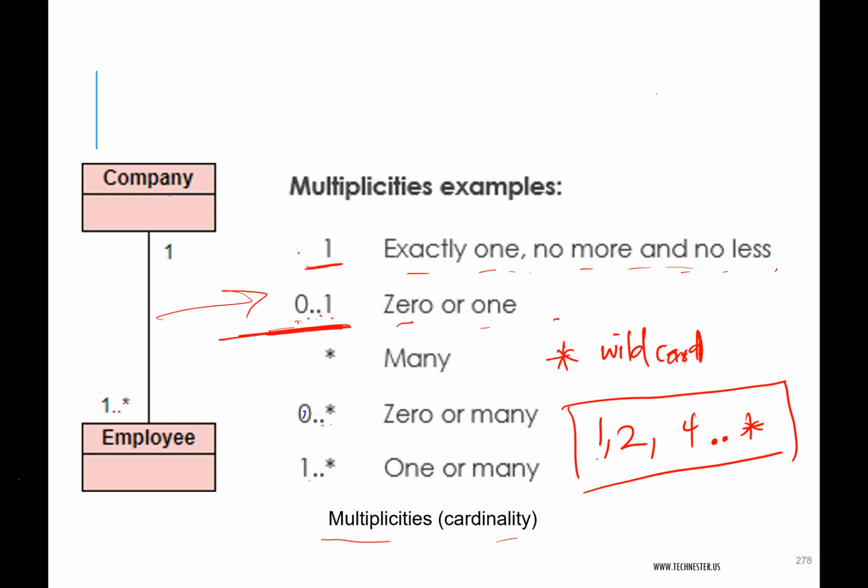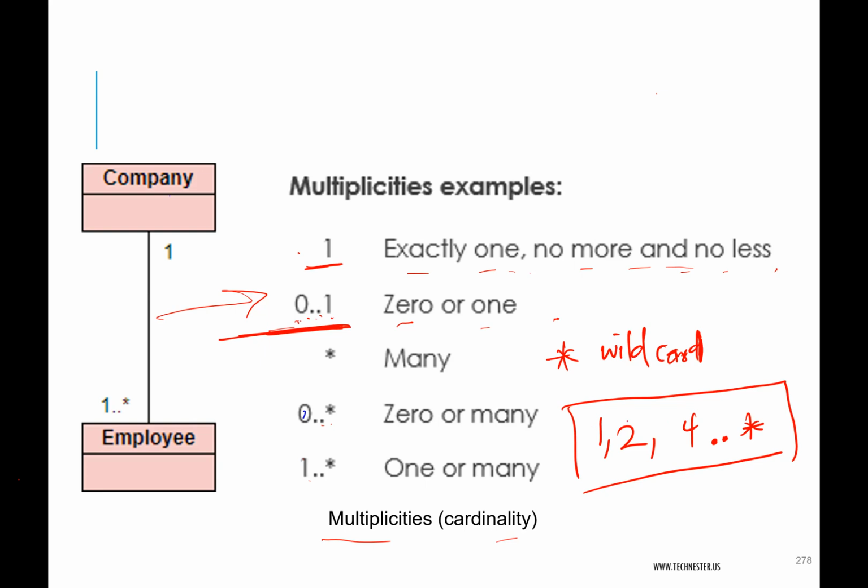So if I wrote 1 here, I'm saying it's exactly 1 or exactly 2 or exactly 4 or many, right? And the implicit assumption here is that many can only mean greater than 4, because 4 is the last number. 3 is missing here, which means that it can never be 3.